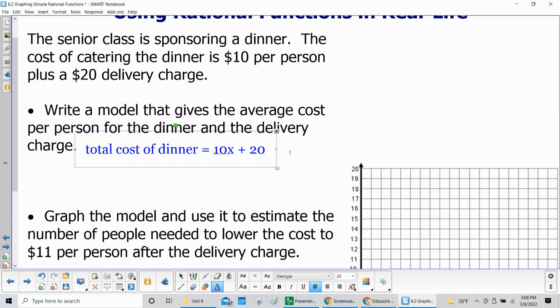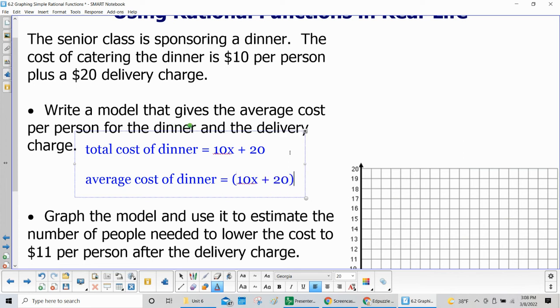But what we want to know is the average cost of the dinner. And so what that means is that we're going to take this 10x plus 20 and divide all of that per person.